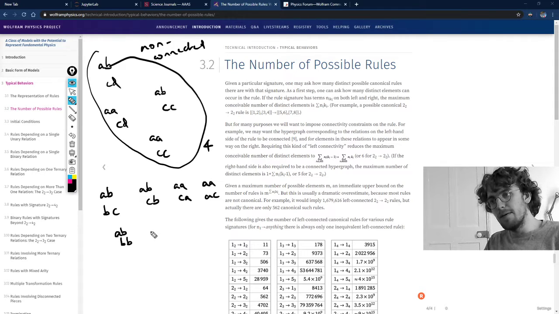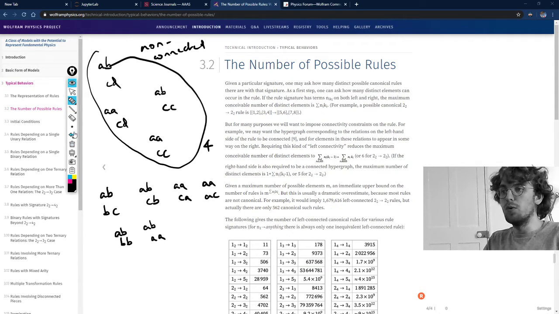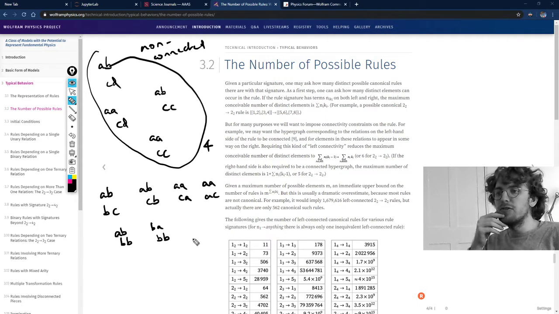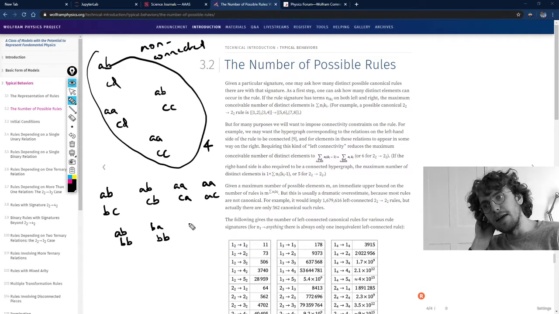B goes to BB. AB goes to AA. I could have written that as BA goes to BB. That seems more in line with how we're writing these other ones, so let's do it that way. BA goes to BB. Got another 6 there, and then finally AA goes to AA.